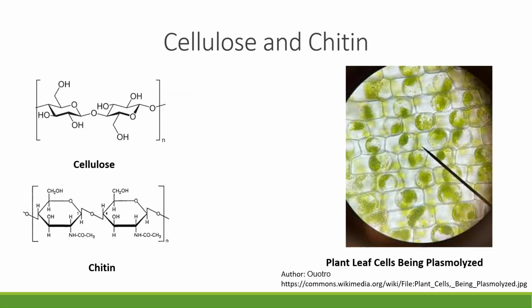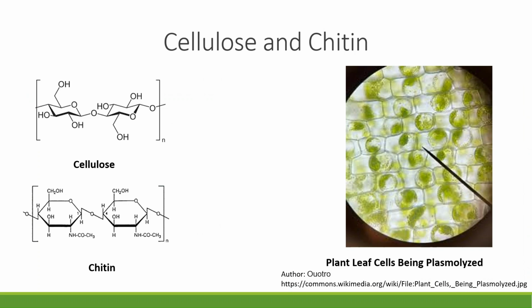On the left, you see the chemical structure of cellulose, a key component of plant cell walls. Cellulose is a polysaccharide made of long chains of glucose molecules linked together in a specific way. This structural arrangement gives cellulose its strength and rigidity, making it essential for providing support to plant cells.